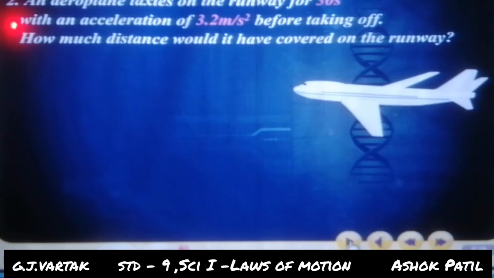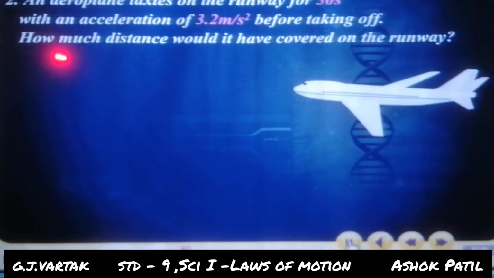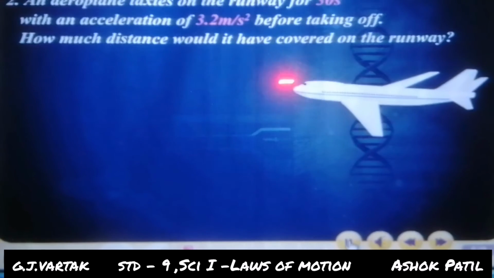Second example: an aeroplane taxis on the runway for 30 seconds with an acceleration of 3.2 meters per second square before taking off. How much distance would it have covered on the runway? This example is in your textbook.